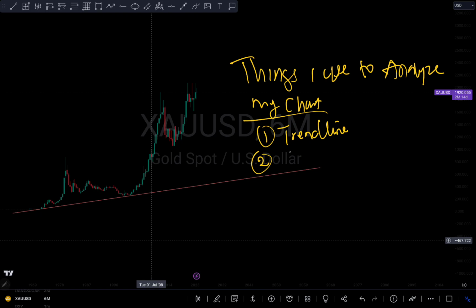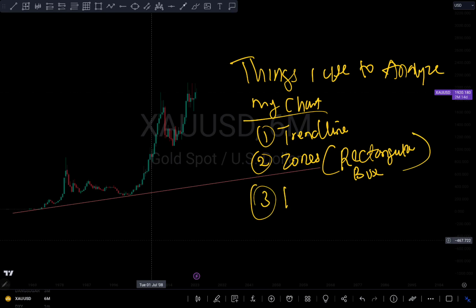I use zones, which are drawn with the rectangular box. I use horizontal rays, sometimes just for a specific place, because no matter what I use, I still want my chart to be as simple and as clean as it can be. So sometimes I use the horizontal ray instead of the main horizontal line.